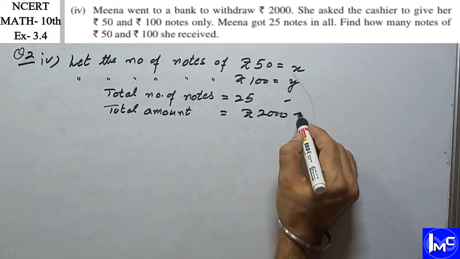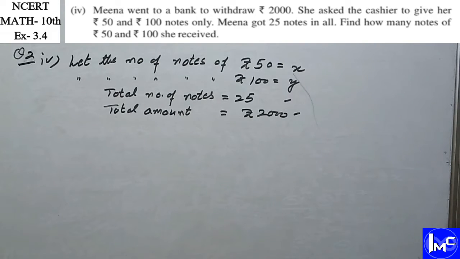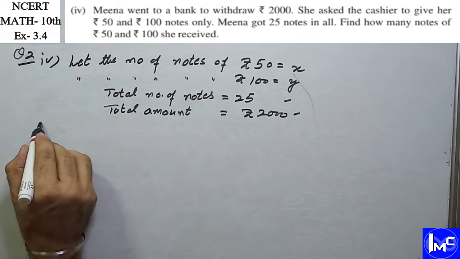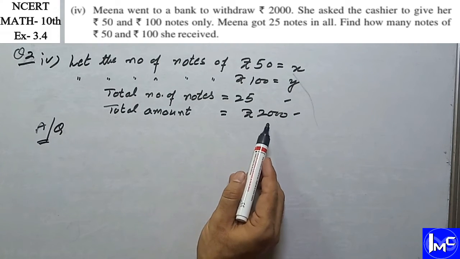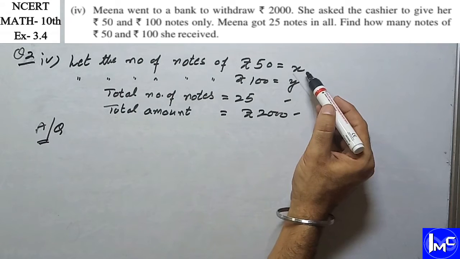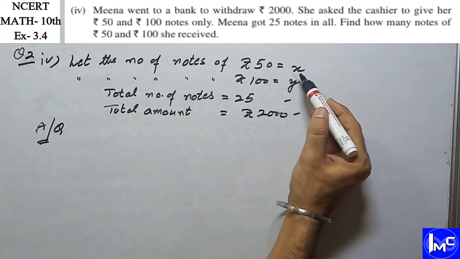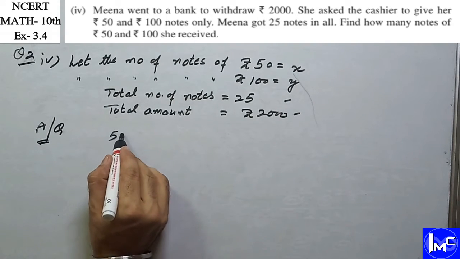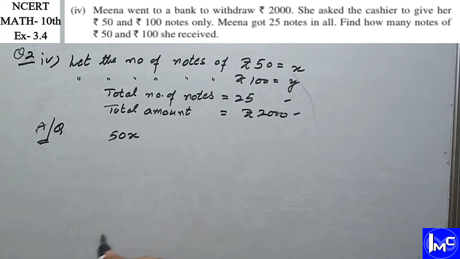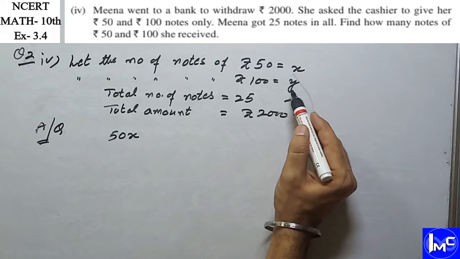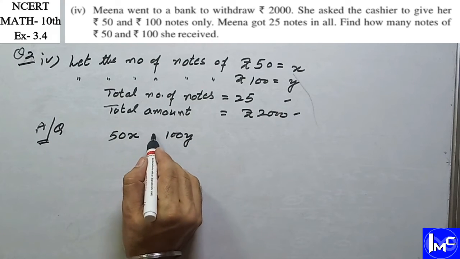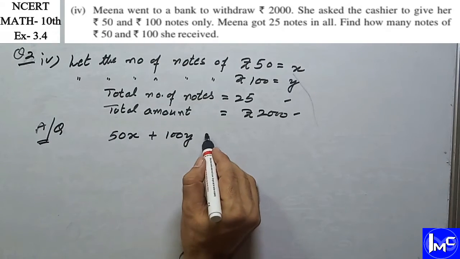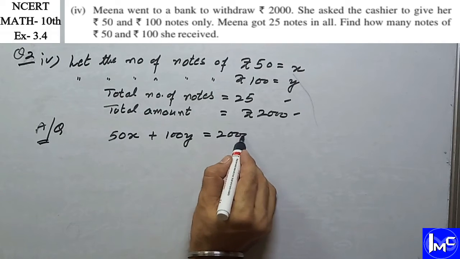Now these two conditions will make our linear equations. How? Total amount means amount from rupees 50 notes, that will be 50x, and amount from rupees 100 notes will be 100y, and the total amount will be the sum of these two amounts, that is given as 2000.